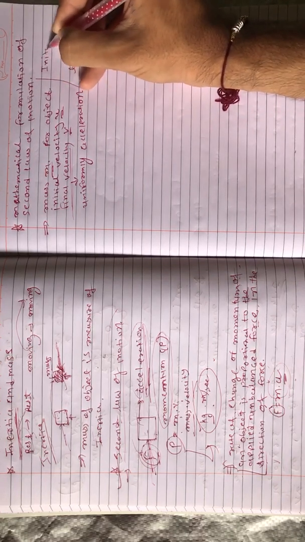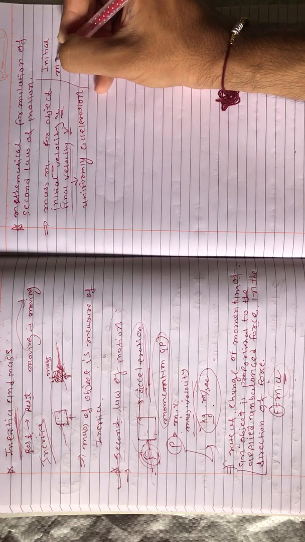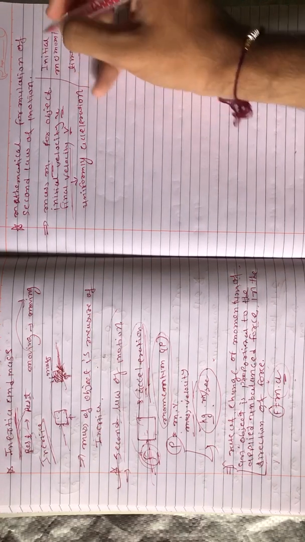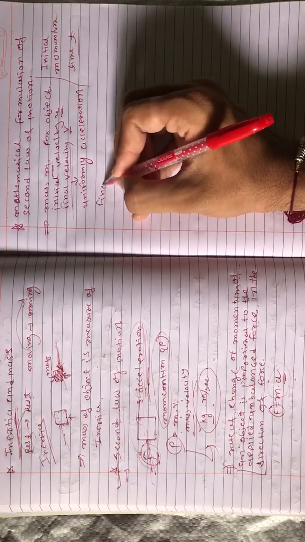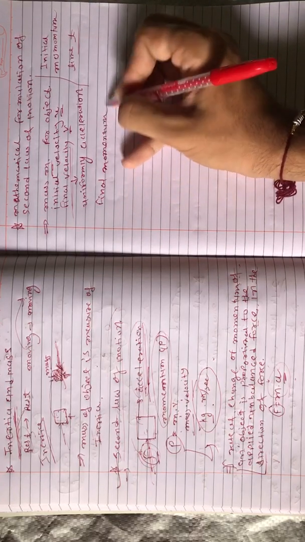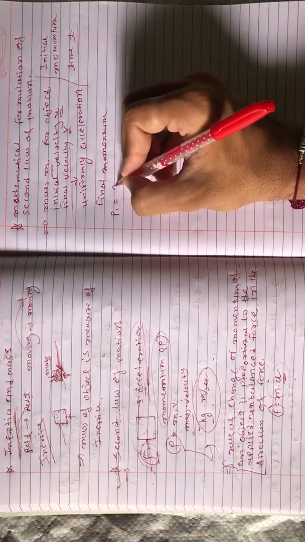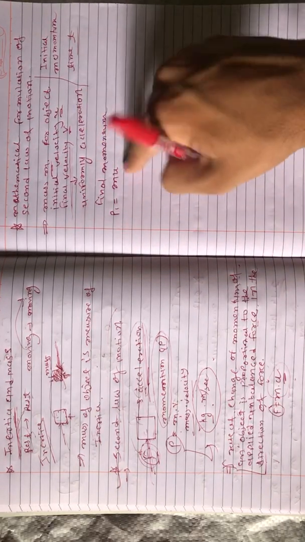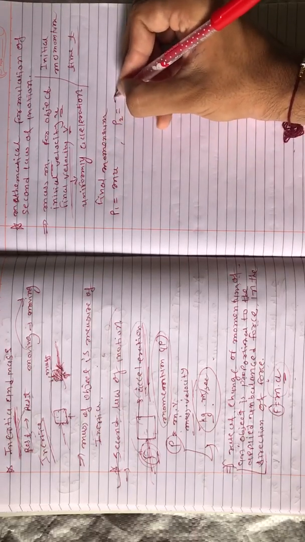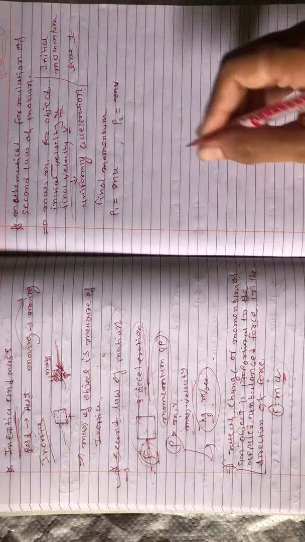Now, initial momentum and final momentum. The initial momentum is taken as p1, therefore m times initial velocity u, and the final momentum is p2, so with final velocity v, p is equal to mv.